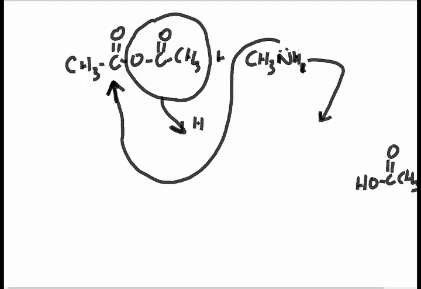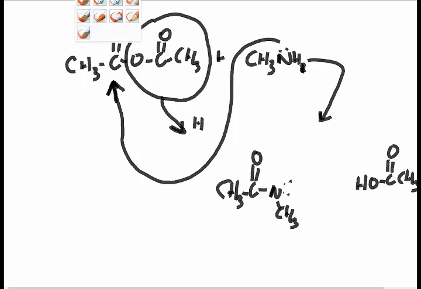One hydrogen is broken off, so that product is going to be this, CH3, C double bond O, N, and then just the one hydrogen and the methyl that did not break off. So that would be your main organic product. And then you've got the byproduct that is acetic acid there.